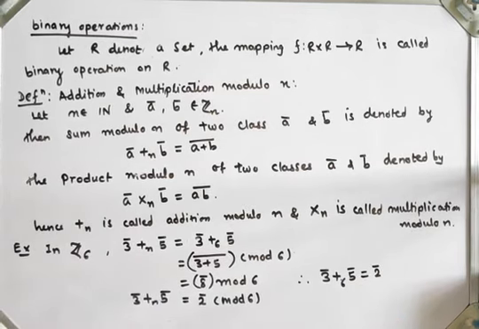Similarly, take multiplication: 5 bar, the residue class 5, multiplication modulo 6 3 bar.